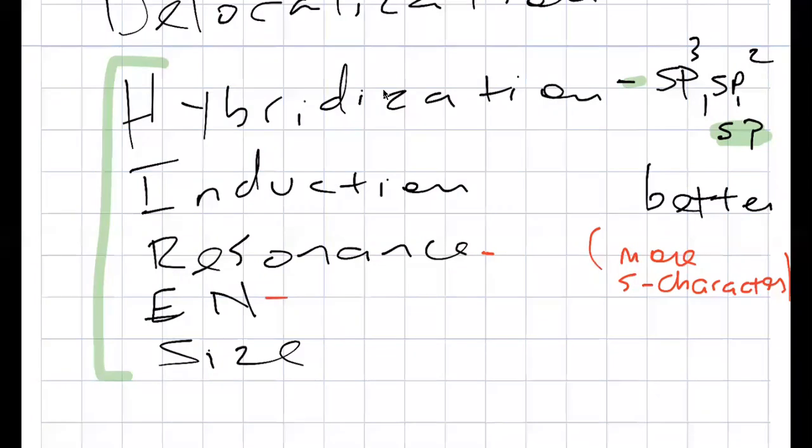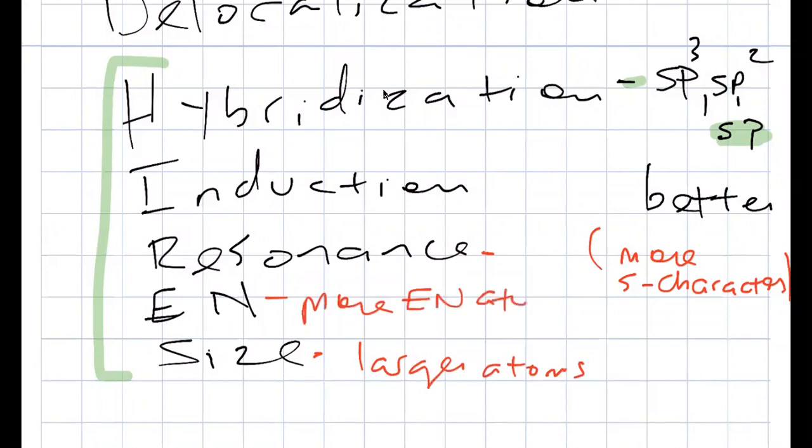And for size, larger atoms stabilize charge better than smaller atoms. Keep in mind, all of these are in reference to the conjugate base.